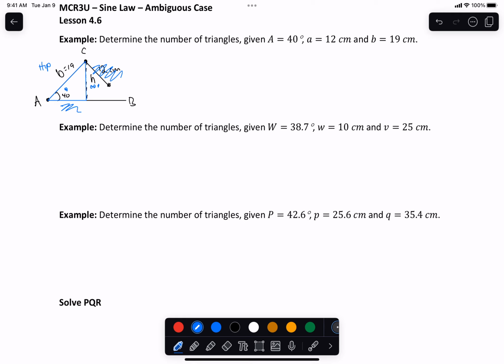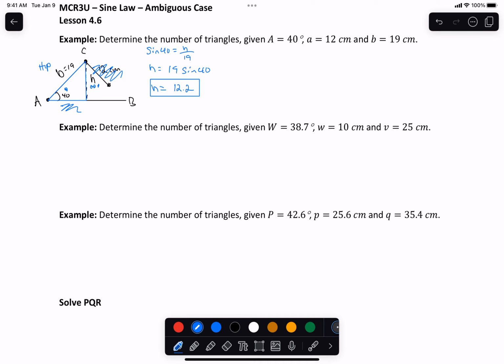Everyone agree? So sine of 40 has to equal opposite, in this case H, over hypotenuse, 19. Then H is going to equal 19 sine 40. And if you do that calculation, you should see that H is going to be 12.2. Can anybody confirm that? 12.2? Yeah. Okay.